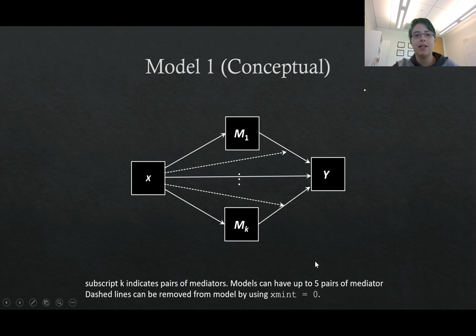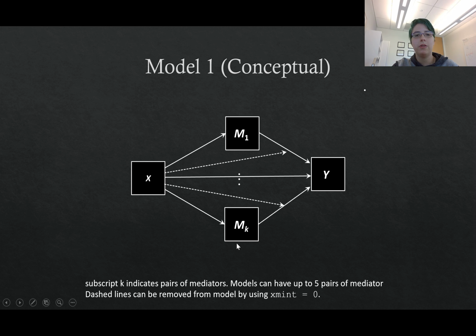Previously, if you had looked at this, you would have seen your X variables. So this is our repeated measures factor affecting our mediators. And in model 1, you can have up to 5 pairs of mediators. So you can have 5 mediators here, pairs being the repeated measurements, and then this X is affecting Y through the mediator variable.